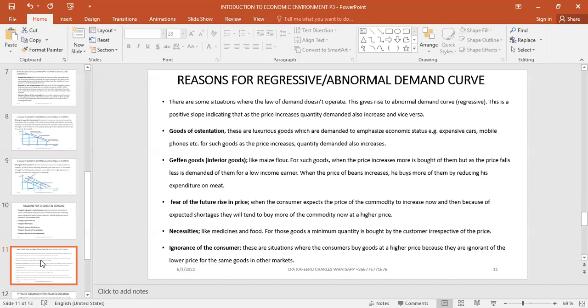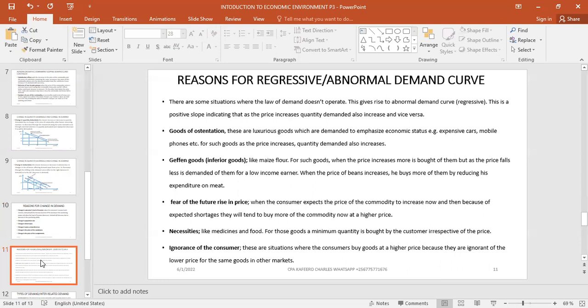It is a bit contrary to what we've been looking at as demand. We've been talking about demand as a concept whereby when the prices are increasing, then the quantity demanded is reducing. But here we are going to be talking about the abnormal demand curve.